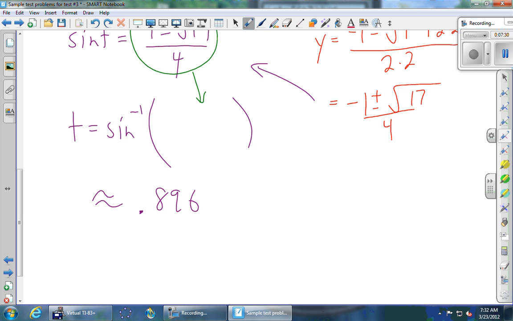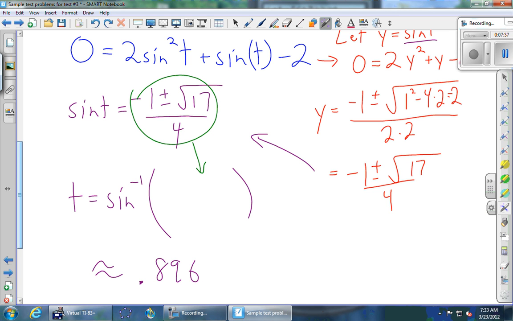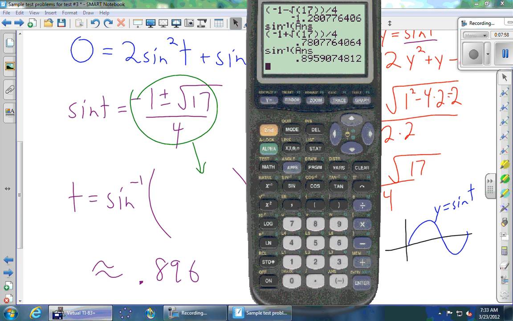That said, generally when you're solving an equation like up here, if you have sine of t equals a number, and you're looking between 0 and 2 pi, there are almost always two different solutions. Just think about the graph of sine x, or sine t. And if I wanted the sine of t to equal, in this case, the value inside the green circle was 0.78.